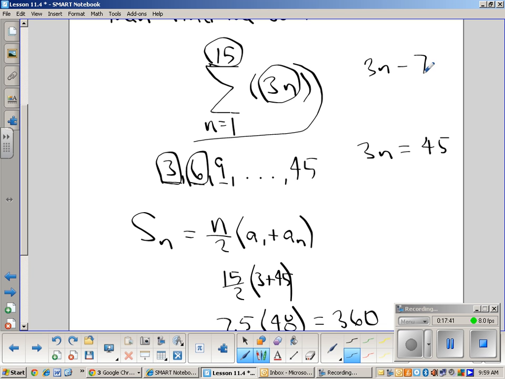In fact, that would be a bad example because it wouldn't be a whole number. n is always going to be the value that makes our formula equal the last term. Does that make sense? Okay.